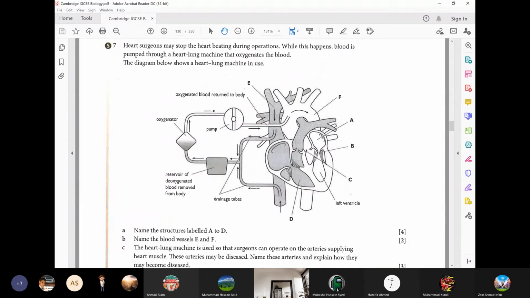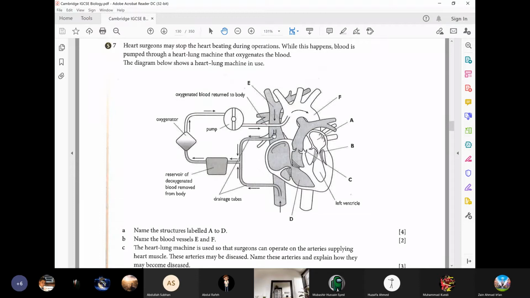If they keep the heart beating, the surgery cannot take place. But at that time the body needs oxygen and nutrients. If the body does not get oxygen and nutrients, the person can die. So for that purpose, they use this heart-lung machine.